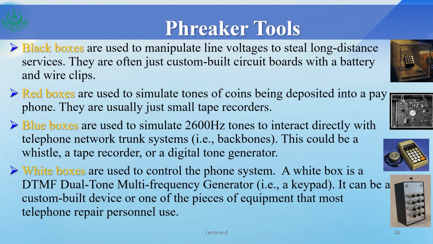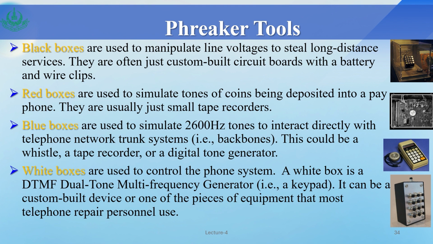Blue boxes are used to simulate a 2600 Hz tone to interact directly with the telephone network trunk system backbone. This could be a whistle, a tape recorder, or a digital tone generator, as shown in the picture. White boxes are used to control the phone system.